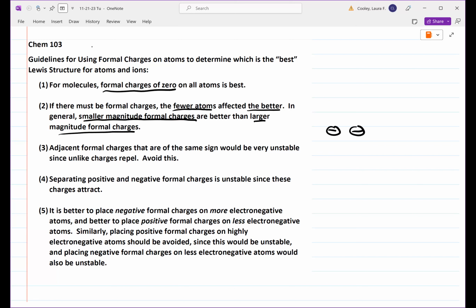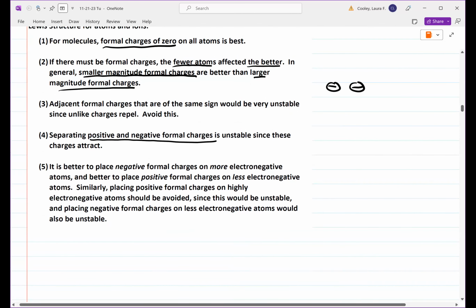So if you have two negatives right next to each other, they're repulsive. If you have a -1 next to another atom with a -1, they want to repel. So that's unstable. Separating positive and negative charges is unstable. So if they're far apart, they want to come together, just like we saw in that CO2 resonance form.